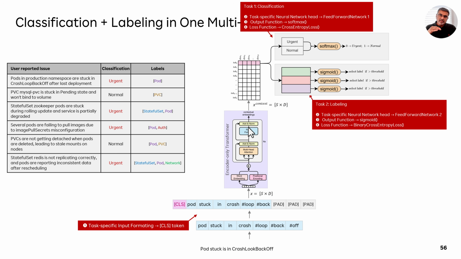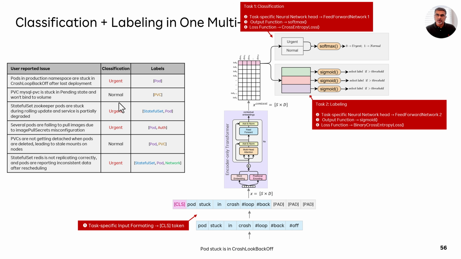Now, for the head that you put on top, you're doing two tasks, so you need two different heads. The first head will focus on classifying the incoming text as urgent or normal. It is basically a multi-class classification problem where it can pick one of these two classes.